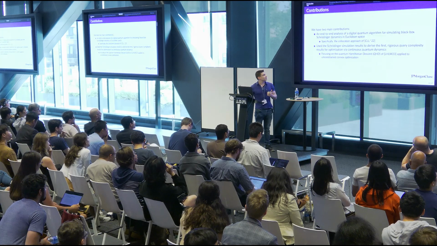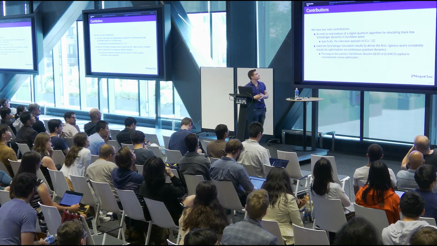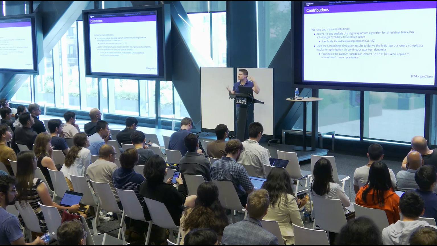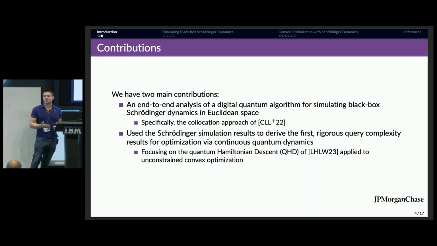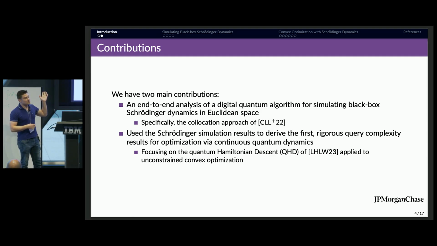The first result will be around two main contributions. There has been some existing work on the digital simulation of Schrodinger equations, specifically this collocation result by Childs and others, and this is what we used for simulating the Schrodinger equation. However, we want a general asymptotic result.